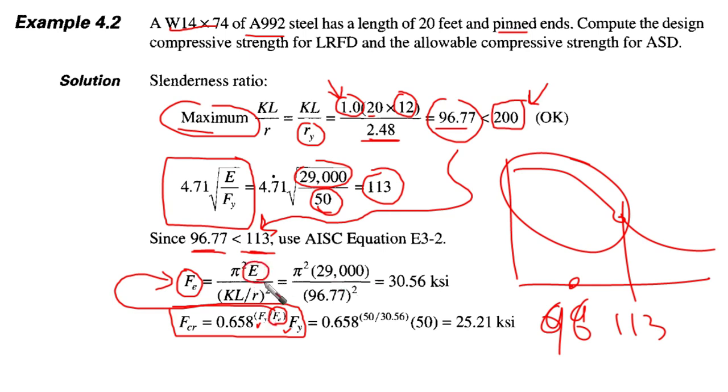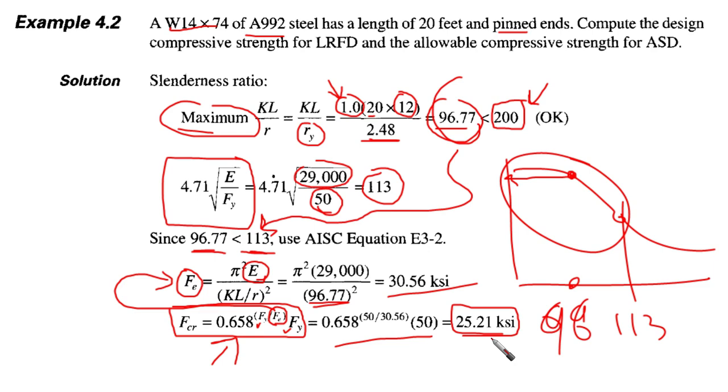We know E, and we have KL over r already calculated. Then we can obtain the value of Fe and substitute in this equation, and we get the critical buckling strength. This value is 25.21 ksi.